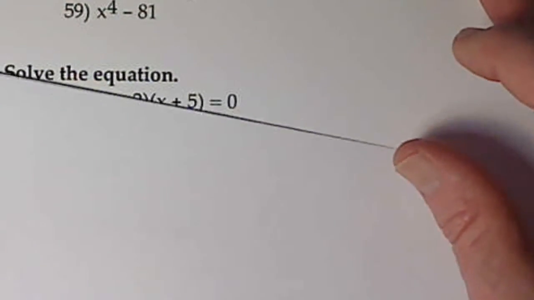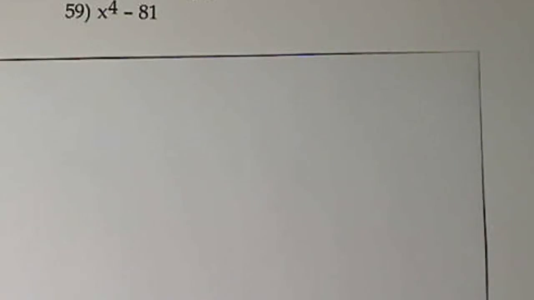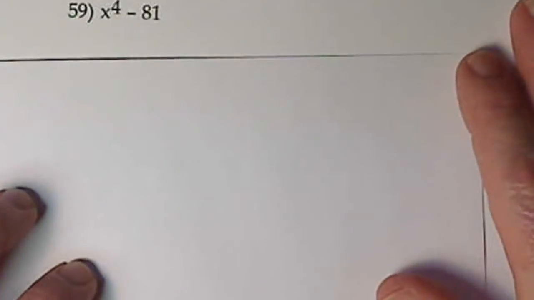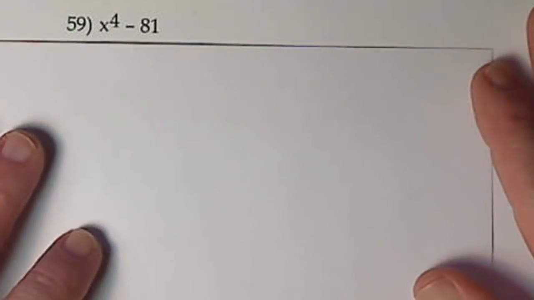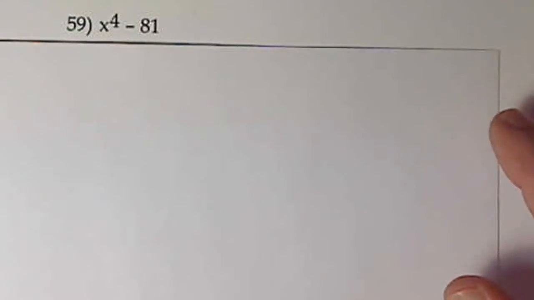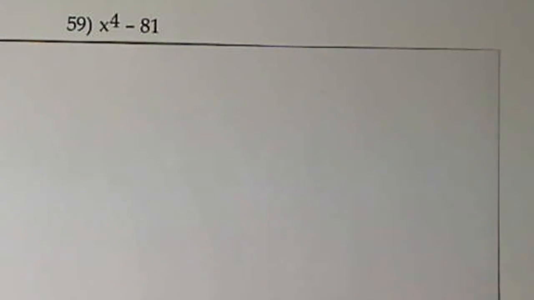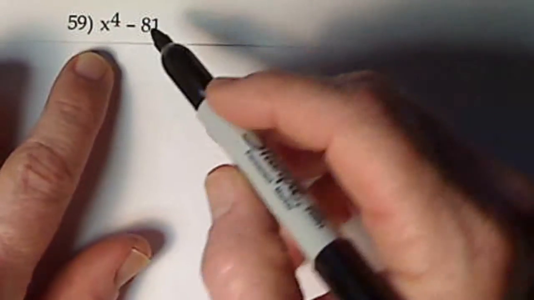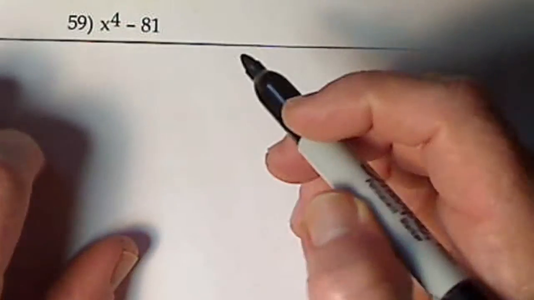59 has one other little trick going on. So let me try to cover up a little bit of this so it's not so distracting. All right, number 59. You proceed down the list. Number 1, is there a GCF? No. Number 2, do you have two terms? Yes. Is it a difference of squares? Yes.